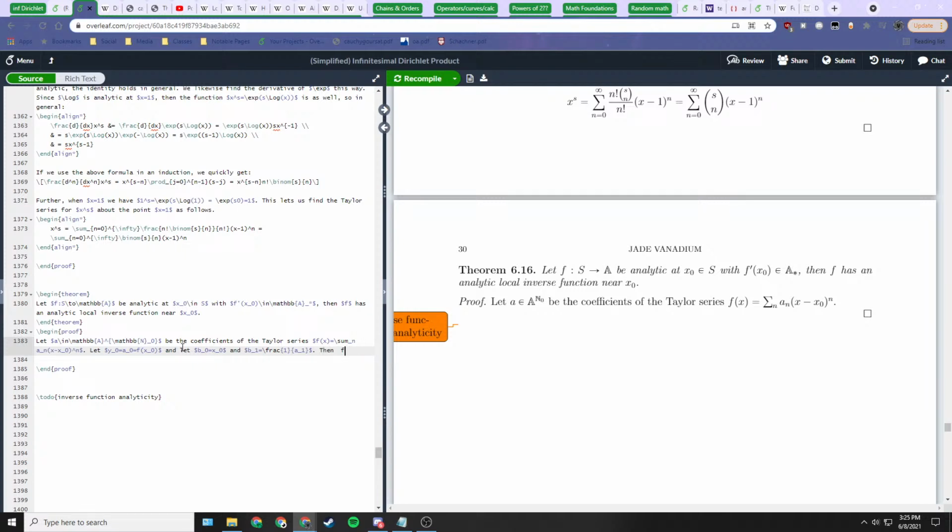Then for all integers n greater than 1, define b sub n inductively using the following formula.